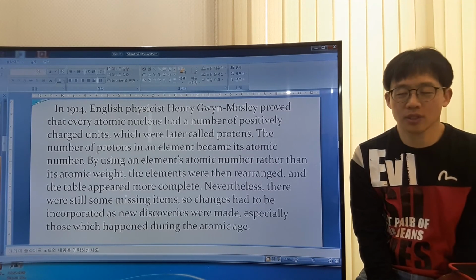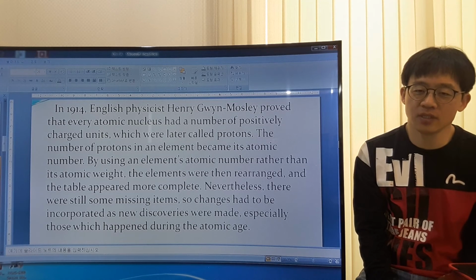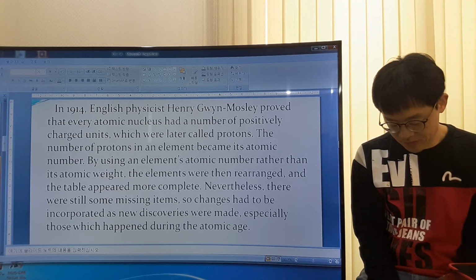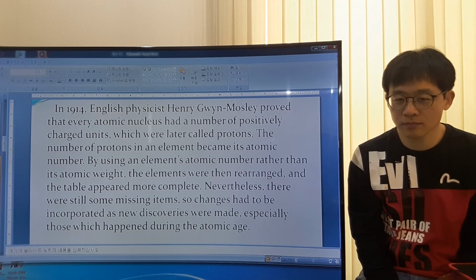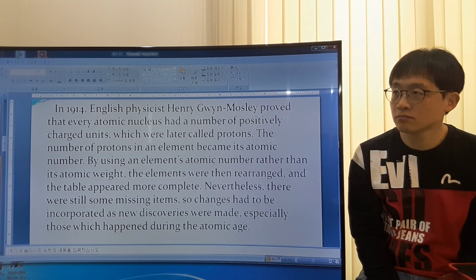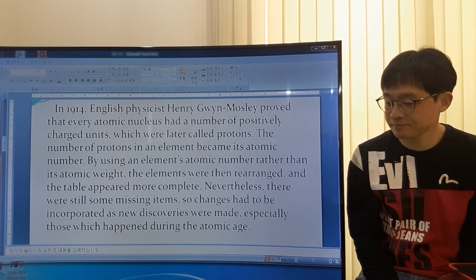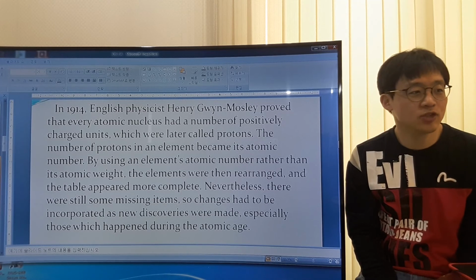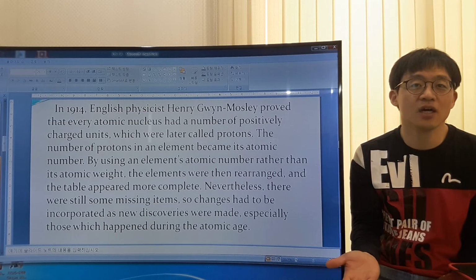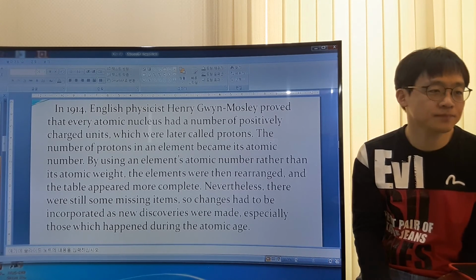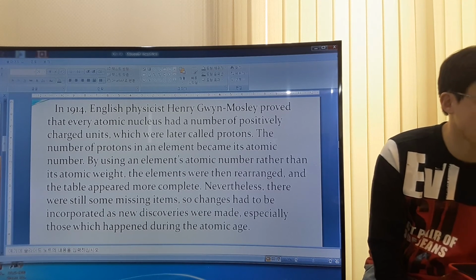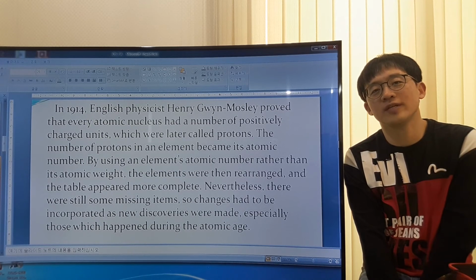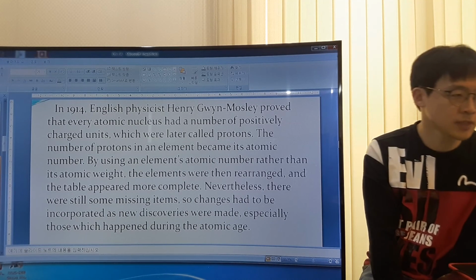A physicist is someone who studies physics. What is physics? Physics is the study of forces, such as heat, sound, light, gravity, pressure, electricity, and how they affect other objects. That is physics. Atomic nucleus. What is a nucleus? The nucleus is the center of an atom or a cell.